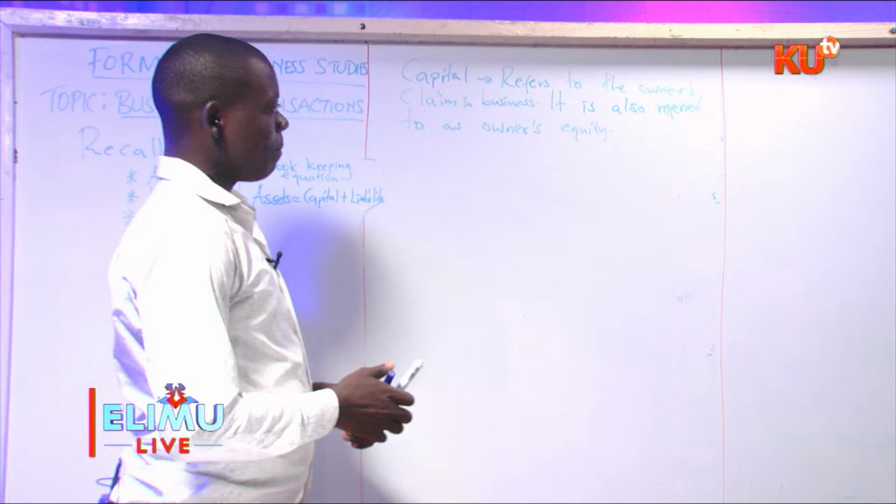So let's see the totals on both sides. 210 plus 590 gives us 800,000. On this side, 200 plus 140, 340. 400, 500, 600, 800.